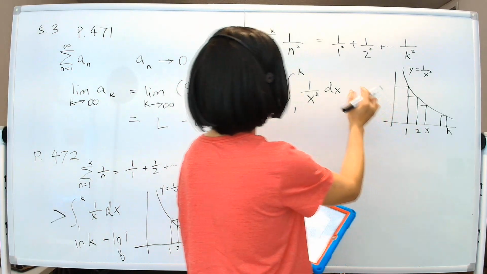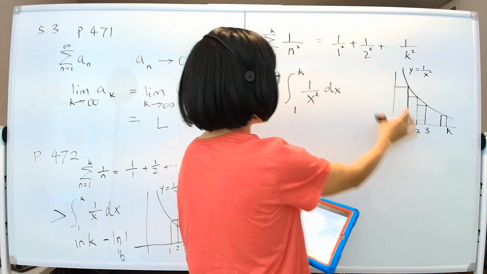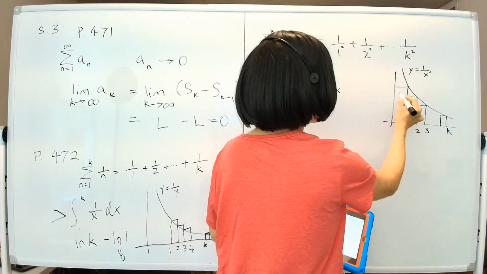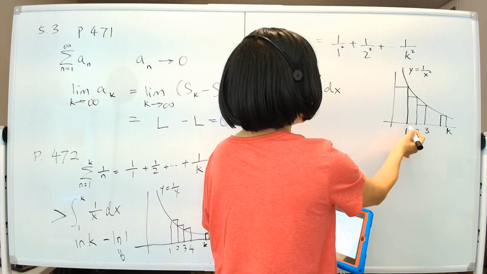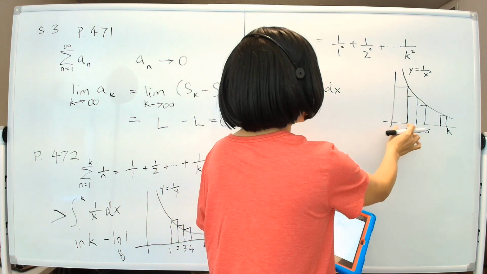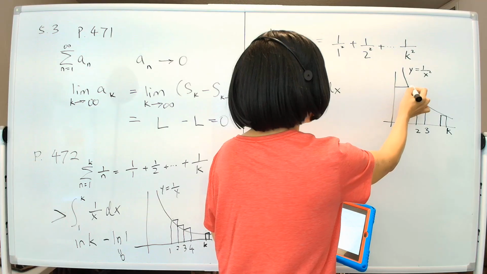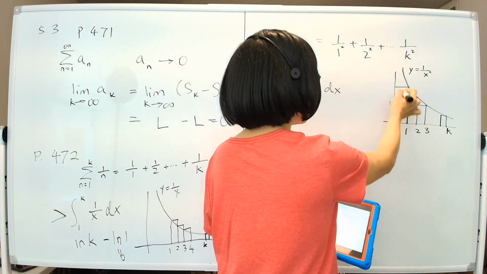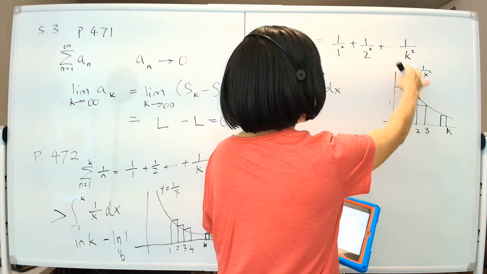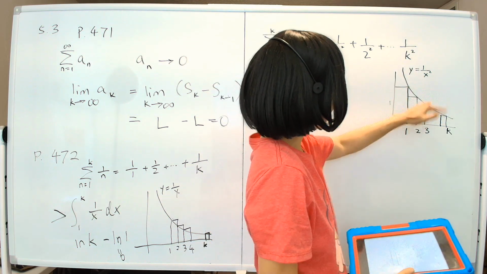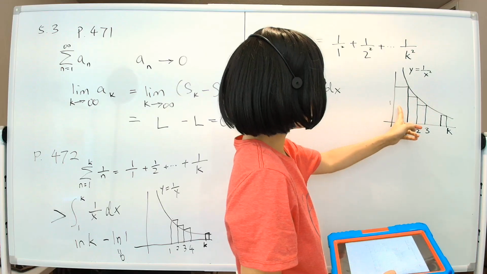When you examine the graph, you realize that this thing is bigger than that, but only if we integrate from 1 to k. We're still missing this 1. See, there's a 1 times 1. My graph is not that proportional, but this value is also 1, so this area is 1. So y equals 1 over x squared is bigger than all the rest except for this part.